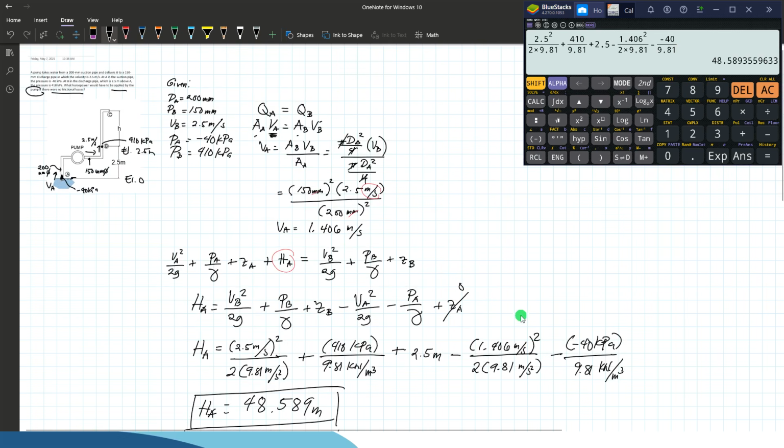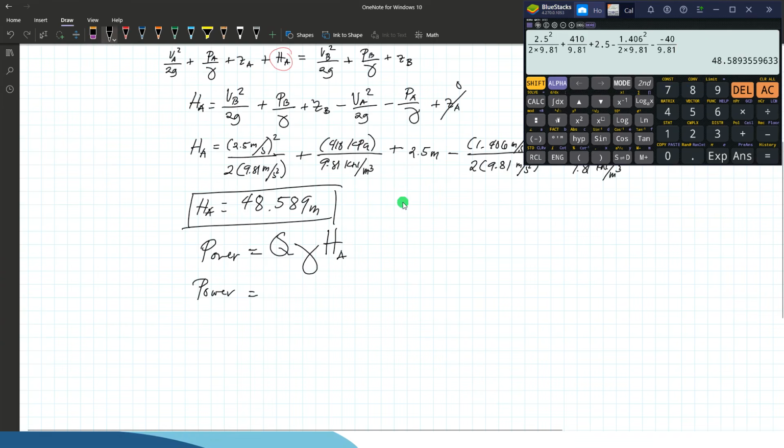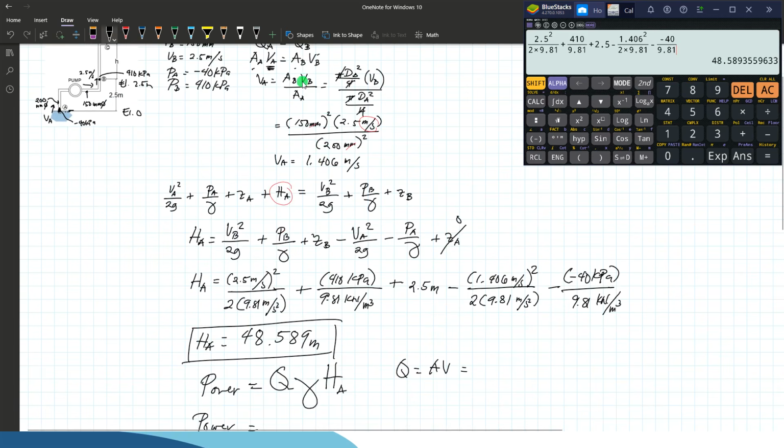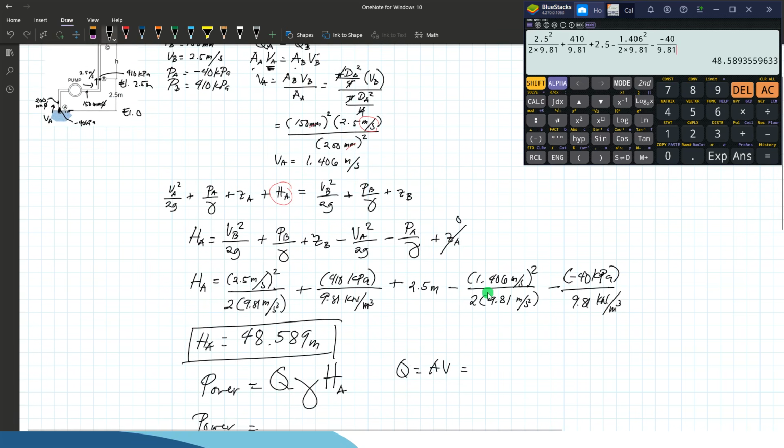The discharge Q is not yet computed, so let's solve first the discharge. The discharge Q equals AV. We can use either of the two given areas and velocities, so let's say we consider point B.